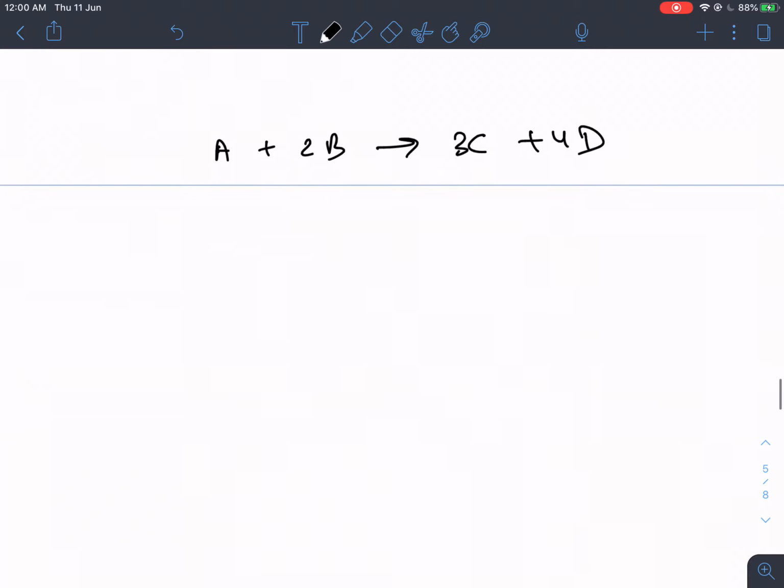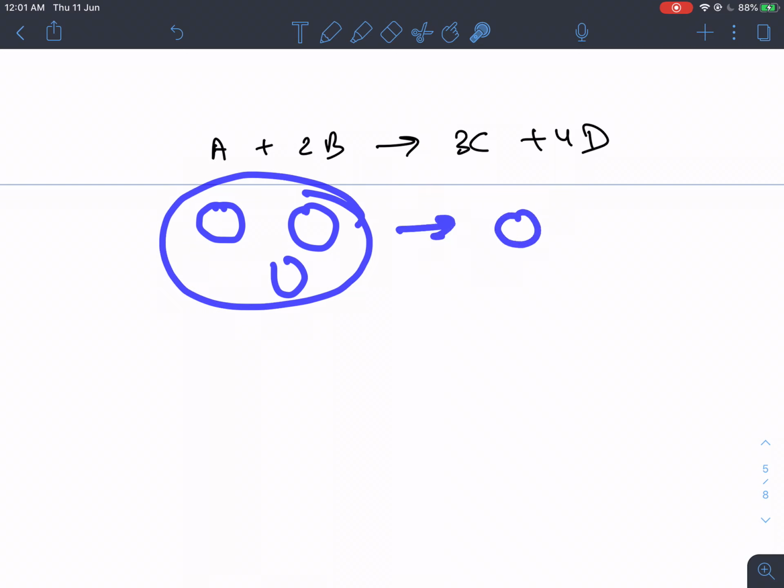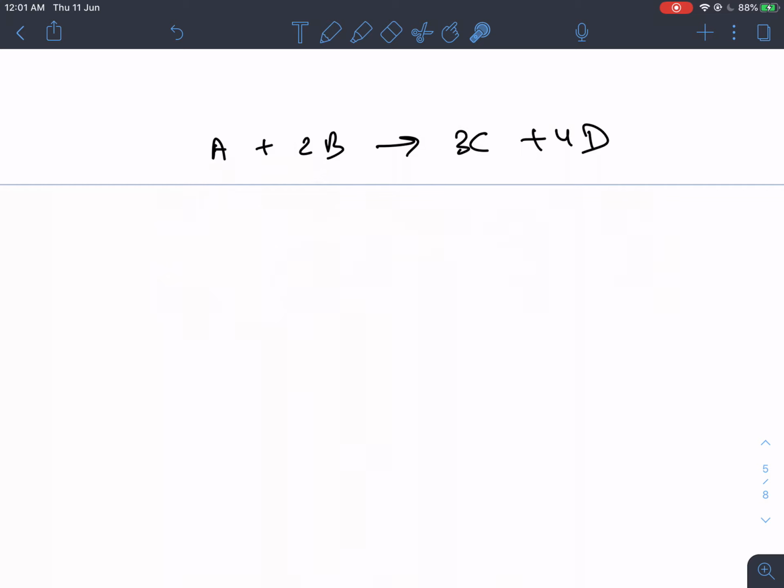Now if you take this example, how does a reaction actually happen? A reaction happens when a molecule of A and molecules of B undergo collision and form C and D. That's how it is, because of the molecular collision.